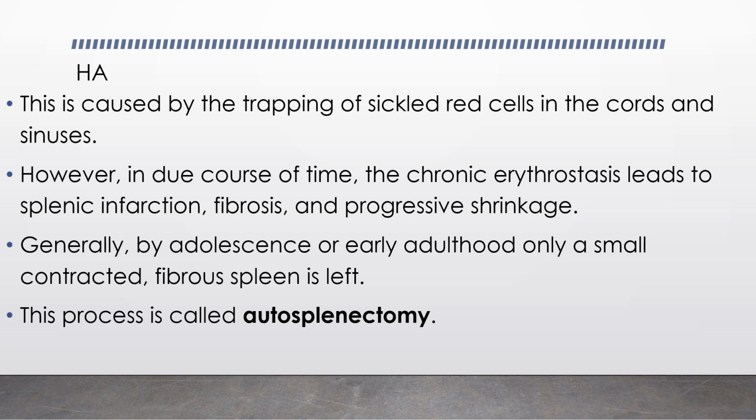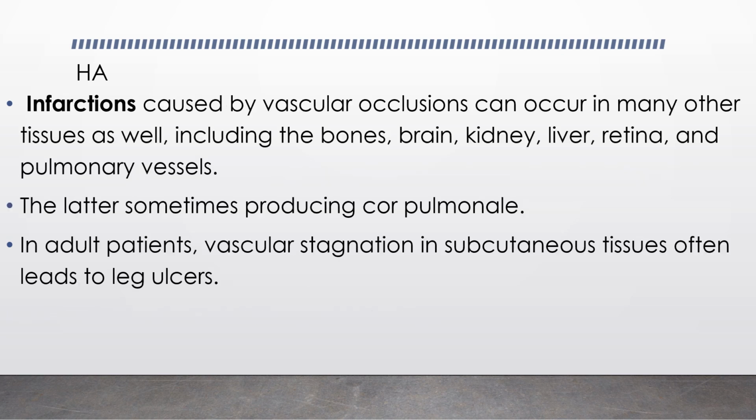Then fibrosis causes significant progressive shrinkage of the spleen. By adolescence, only a small spleen is left, and this is known as autosplenectomy, unlike hereditary spherocytosis, where the spleen enlarges in size.